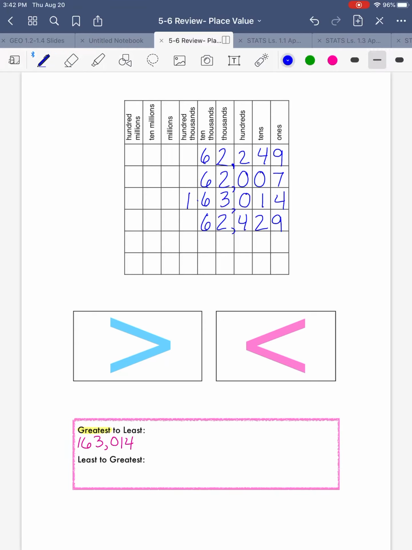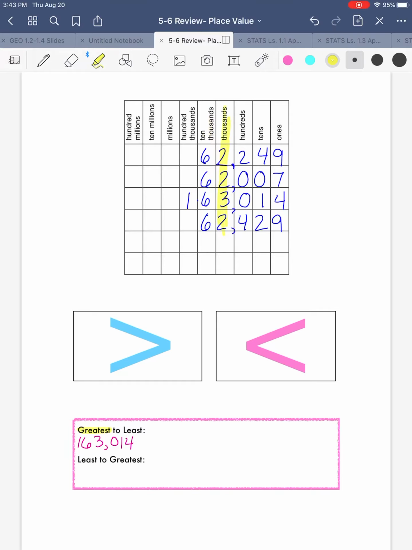All right, so now I'm going to go to the next place value, and that place value is the 10,000s place. What do you notice about all the numbers in the 10,000s place? You notice that they're all sixes. So as of right now, until we move along to the next place value, we can't decide which number is bigger, okay? They are all the same, so we're just going to go to the next place value and look at the thousands place.